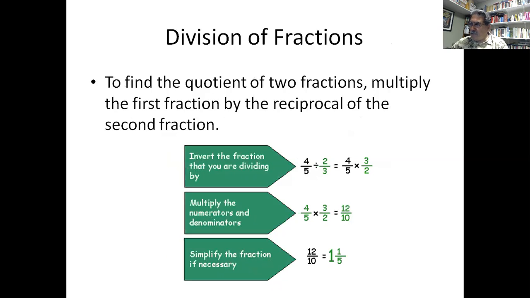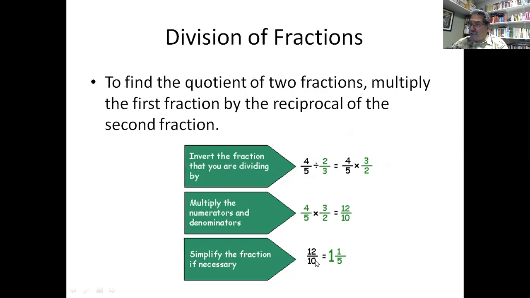Okay? Division. When you want to divide fractions, you have 4/5 divided by 2/3. You change the sign and reverse the other fraction. It's the same as 4/5 times 3/2. And then multiply the numerators and denominators, 12/10.